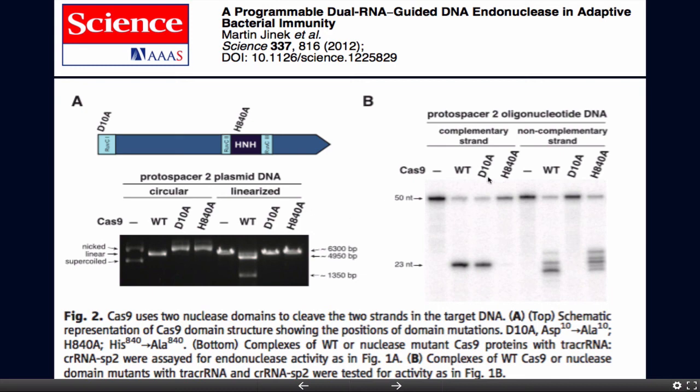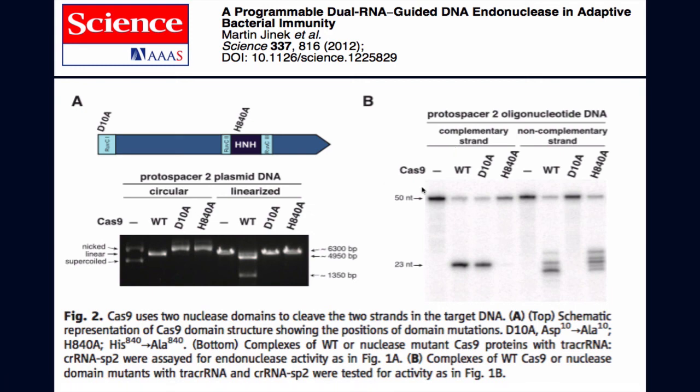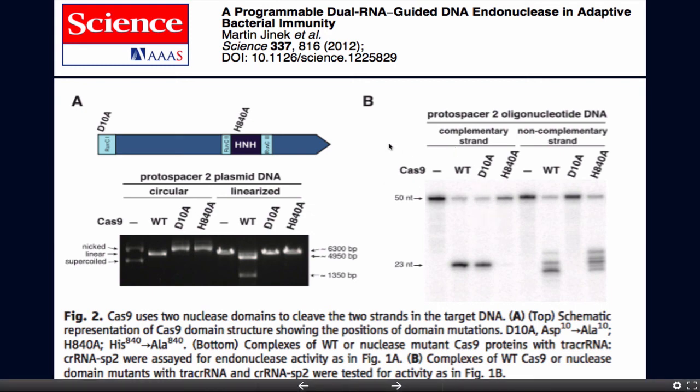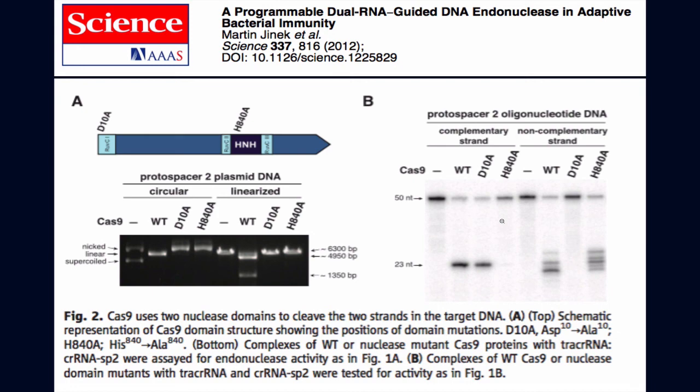When they did this, they looked at cleavage, so whether the DNA gets cut or not. Okay, so I can't go into a ton of detail about it here because I haven't really yet told you about CRISPR RNA or tracer RNA yet. But suffice it to say that the Cas9 has two protein domains that are required to cut the two strands of the target.